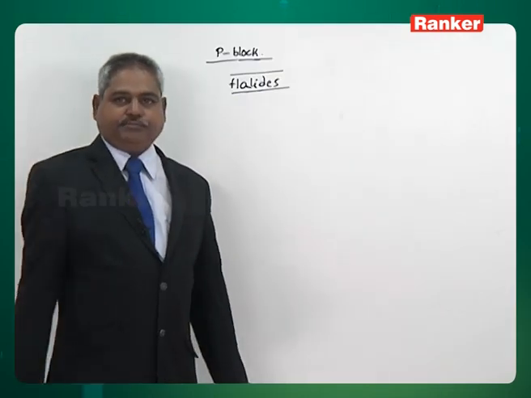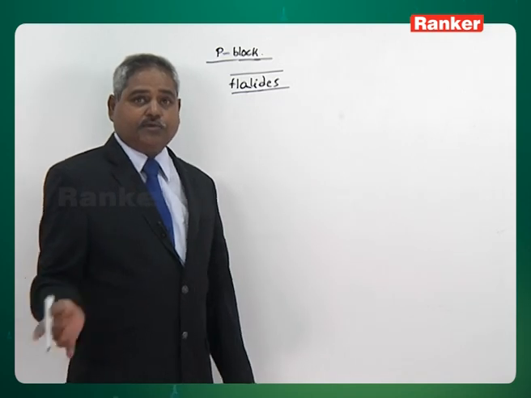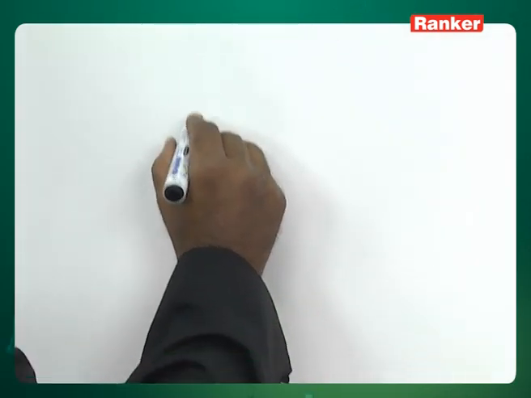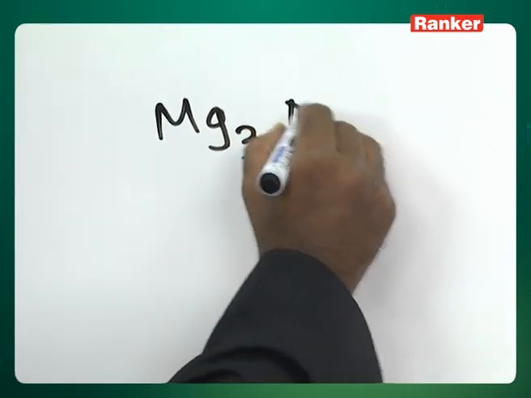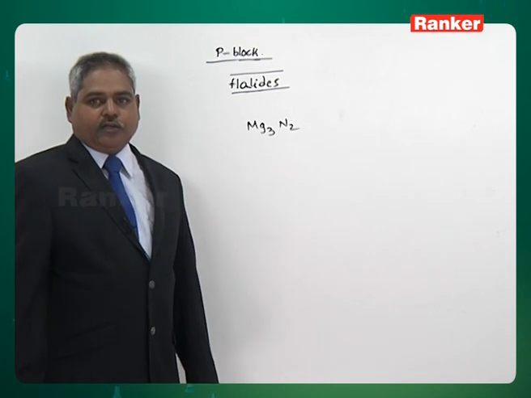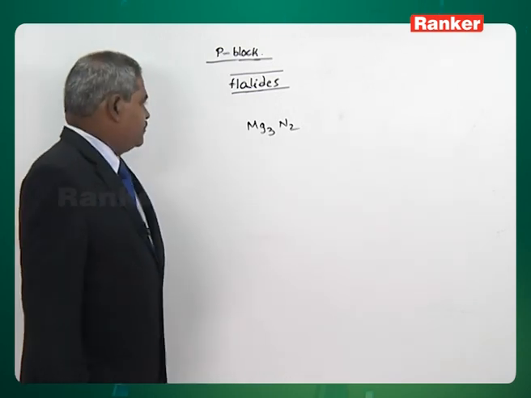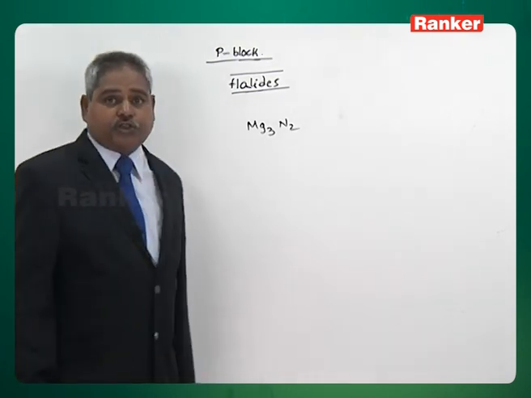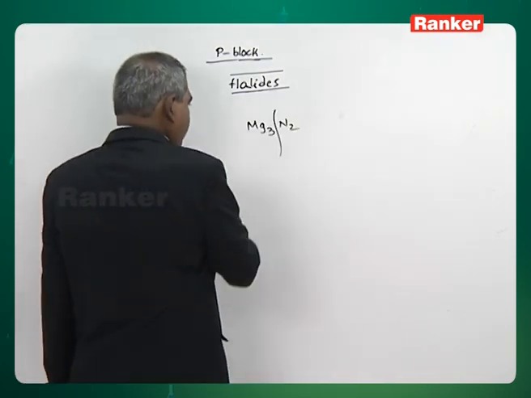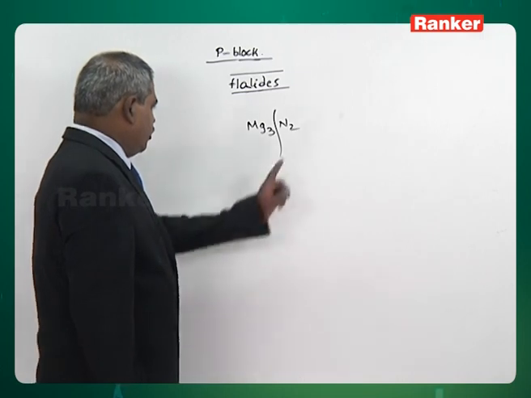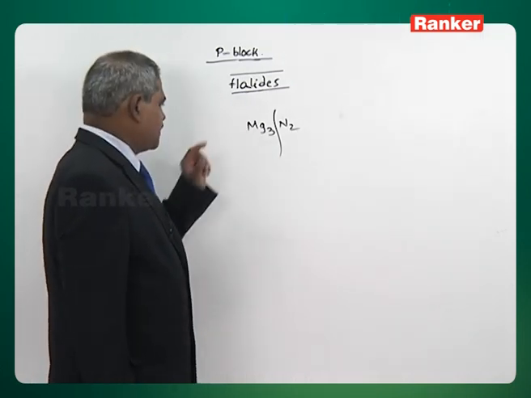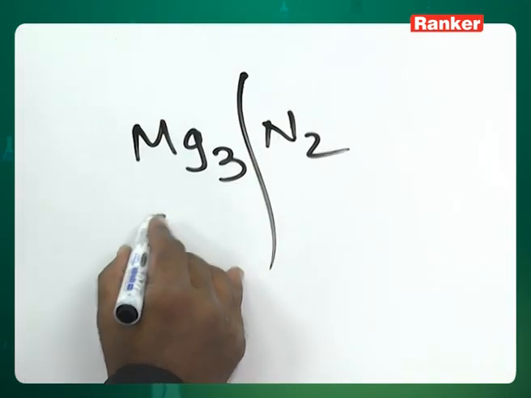Next set. Let us hydrolyze some of the nitrides. Magnesium nitride, Mg3N2. What do you get on the hydrolysis of magnesium nitride? First step, you remember, break the bond, HOH. Where will H go? Where will OH minus go? OH minus goes to magnesium, that is plus. 6OH.